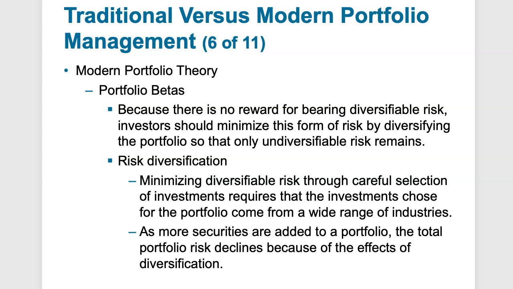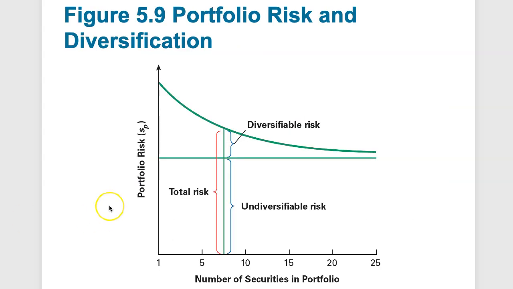The more securities you add to a portfolio, the more risk declines until at a certain point, there's very little diversifiable risk left. So here would be a portfolio's total risk. We have the diversifiable risk and the undiversifiable risk.